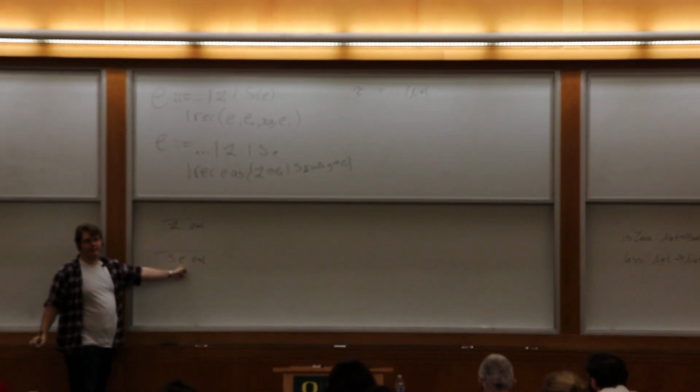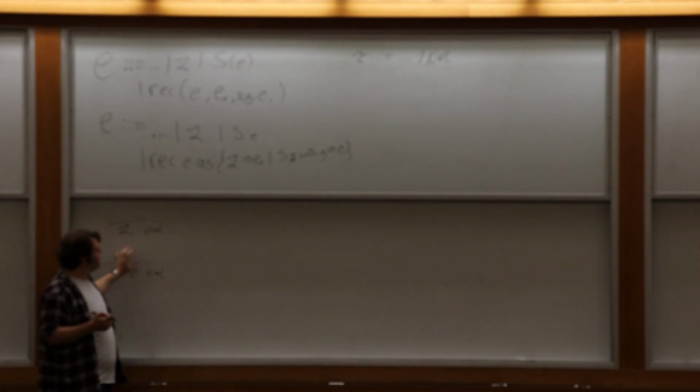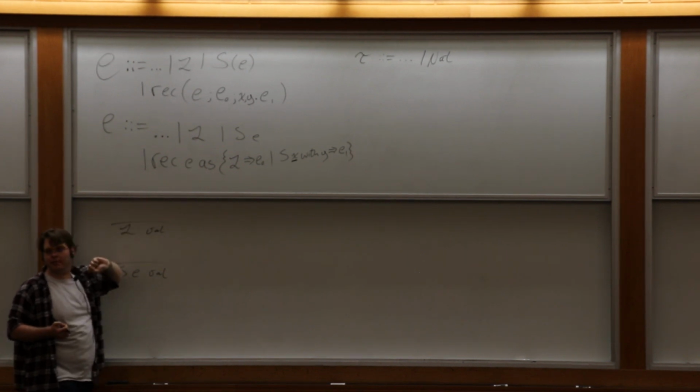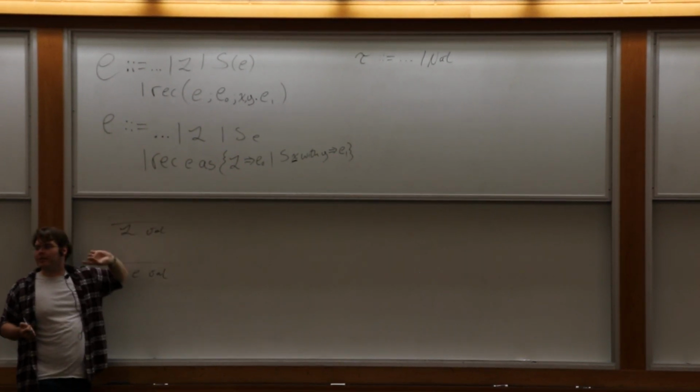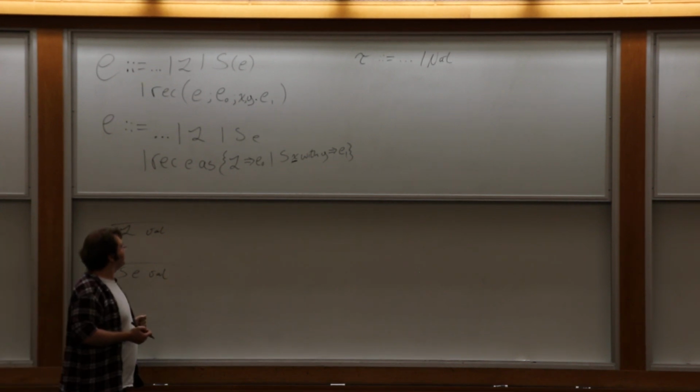Right, so that's what makes this one lazy, in contrast with the eager products and sums from before, which said it's only a value if the component's a value. So this is one of the differences. Okay? So those are both values, and those are the only values that have to do with numbers. Right? If you had lambdas and functions before, those would also be values still. Right? So that holds true.